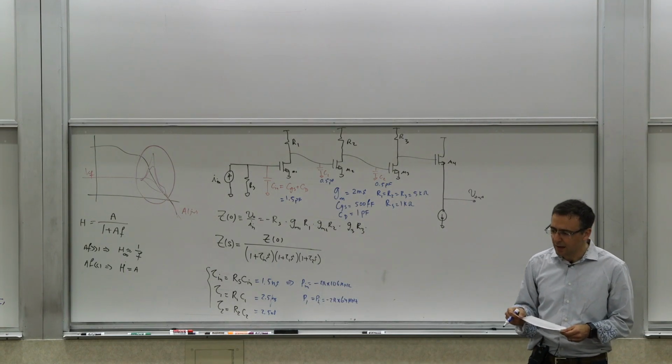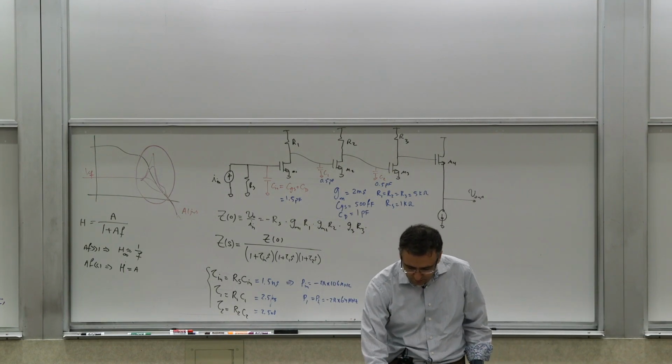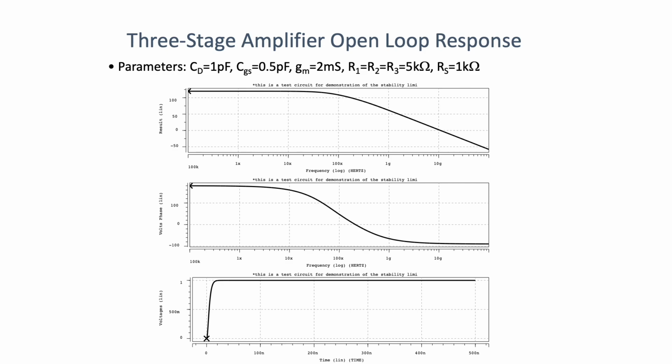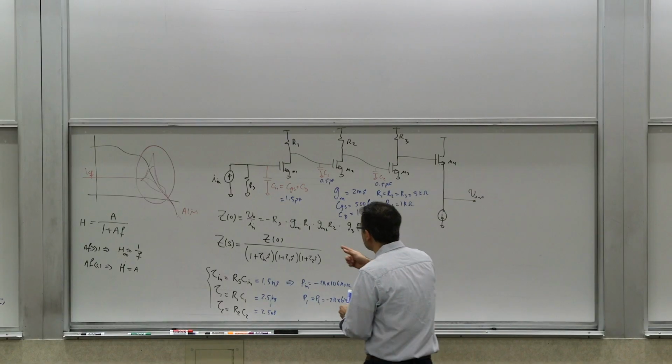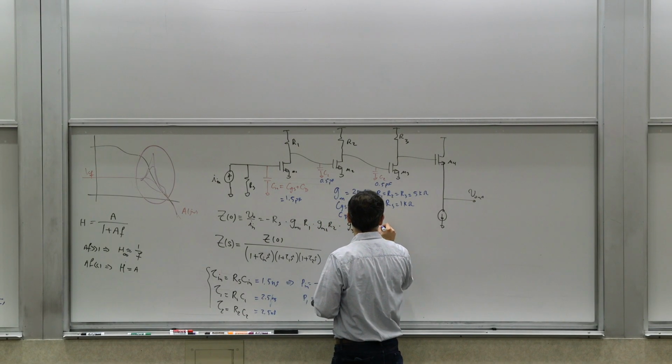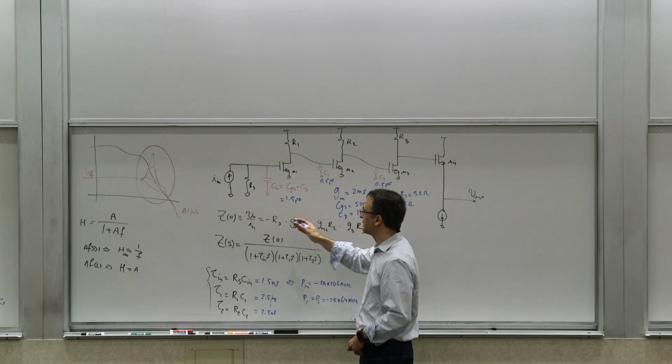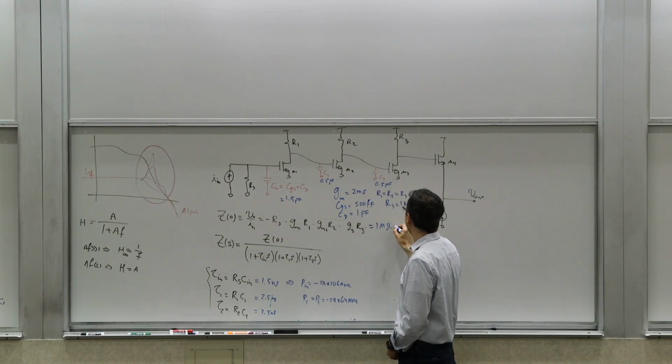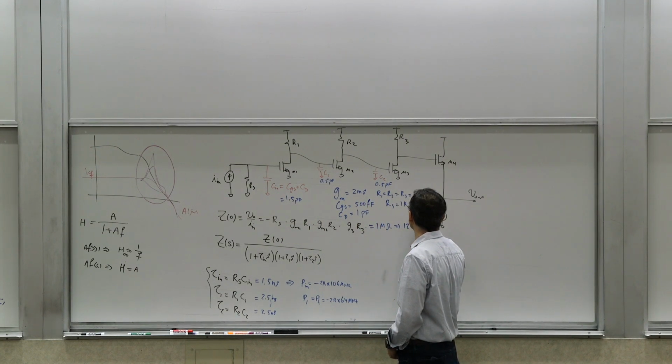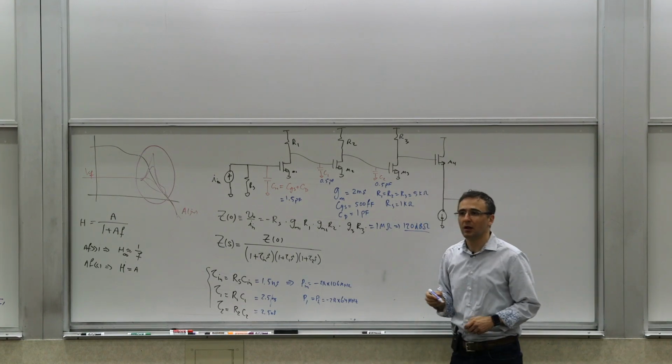Now, if you look at the plot, the top 2 plots are the Bode plot, the amplitude and phase of the response of this amplifier the way we've drawn it. This is an open loop amplifier. What's the total gain if you plug all these numbers in? This quantity becomes 1 mega ohm, the low frequency trans-resistance, which is about 120 dB ohms.